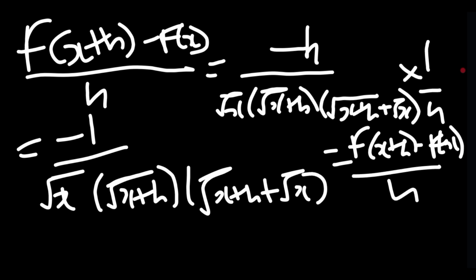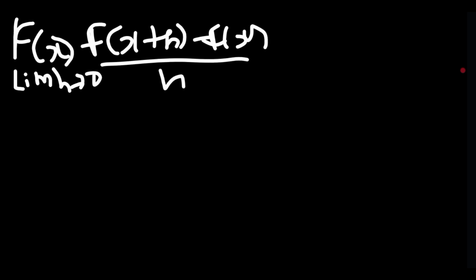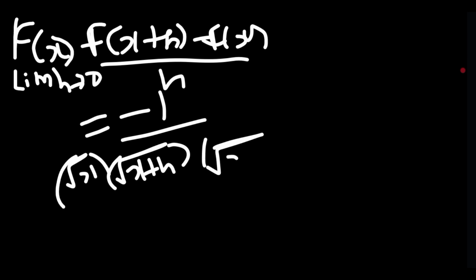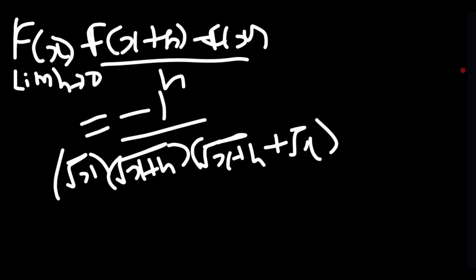So the next thing we do is to take the limit as h approaches 0 of f of x plus h minus f of x all over h. So to solve this limit for this one, which is minus 1 over square root of x, square root of x plus h, multiplied by the square root of x plus h plus square root of x, what you do here is just substitute 0 for h wherever you see h.